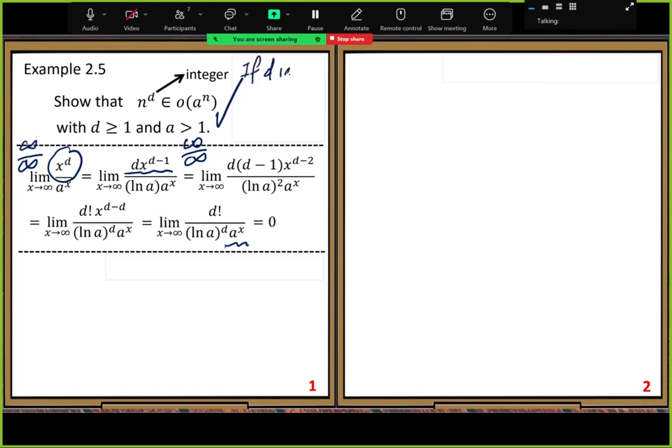If D is not an integer, we consider this case. We do a special treatment. We use a special function to convert it to an integer. We use the ceiling function.